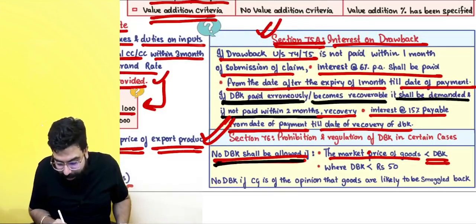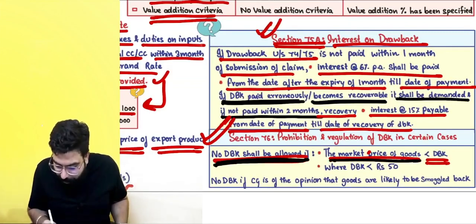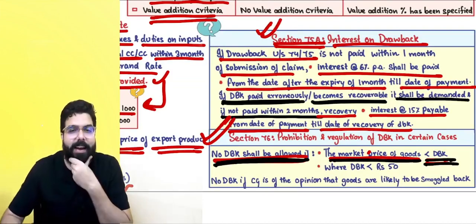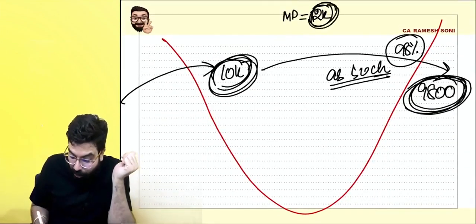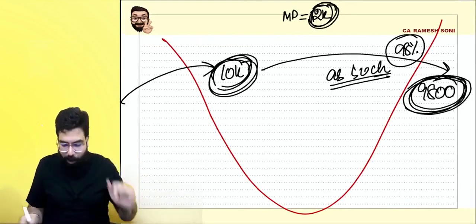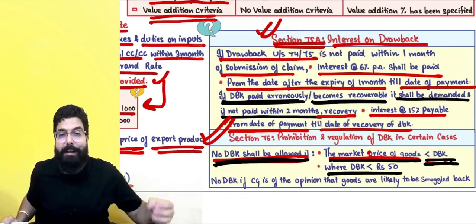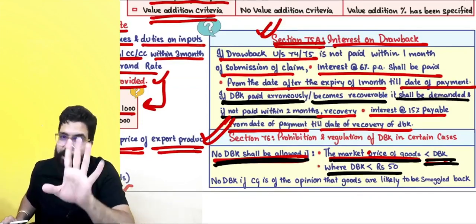No DBK is allowed if the market price of the goods is less than the DBK. Market price is how much? 2,000 only. Duty drawback 9,800. Government will not give you any duty drawback. Or say you went for a duty drawback and DBK is only 50 rupees. Sir, 50 rupees they will give you. Less than 50 rupees, get lost.